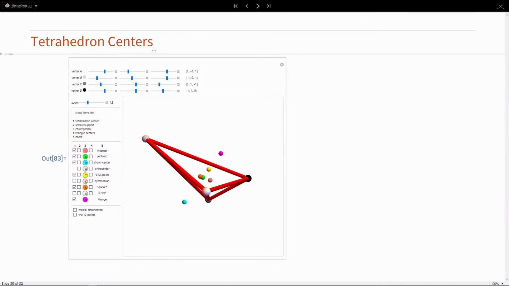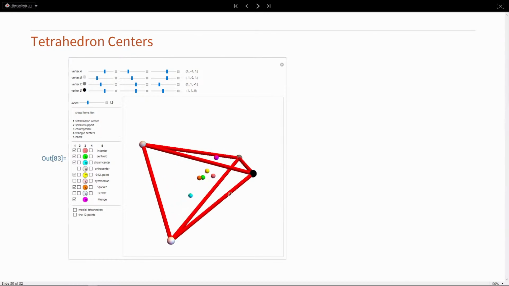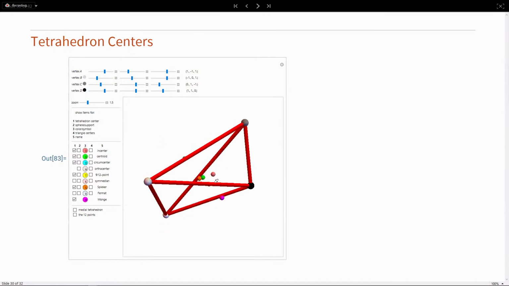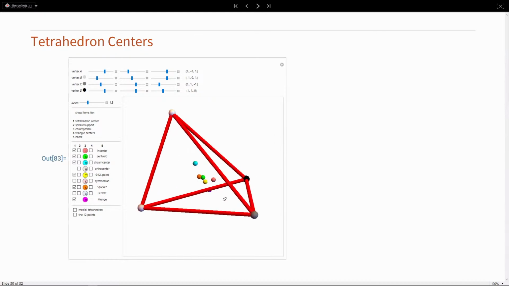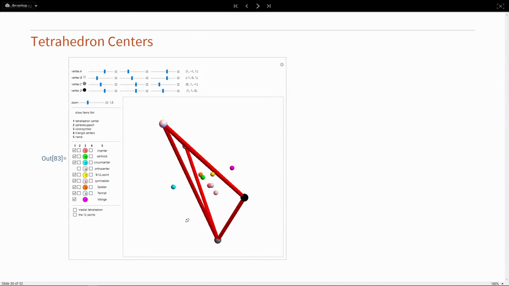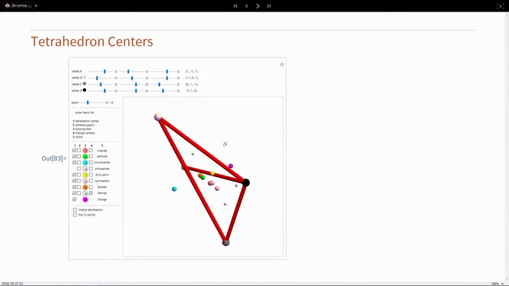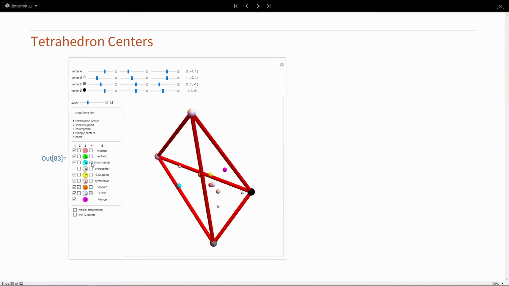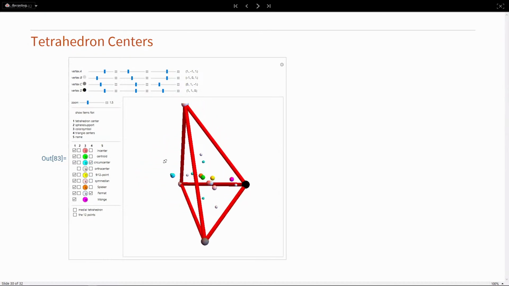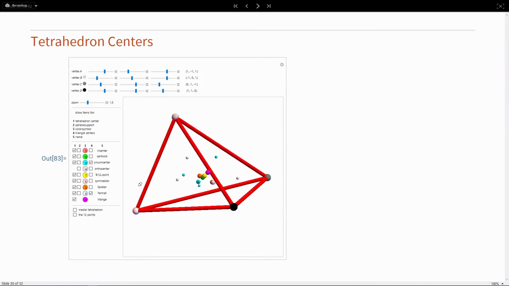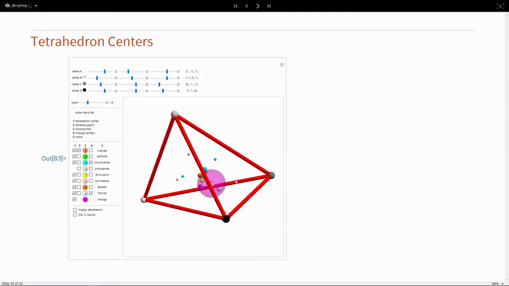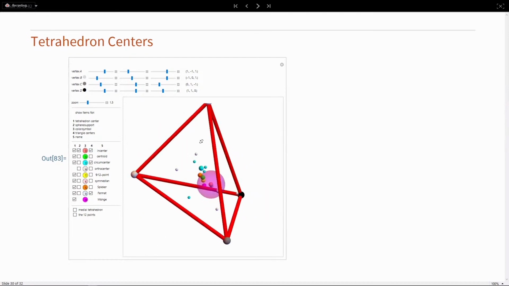And I have a tetrahedron center demonstration that shows some of the well-known triangle center points. So we can add in various points and they show up, and we can also look at the points corresponding on the triangle, or the points for the faces, and we can add in, say, generating spheres and lines.